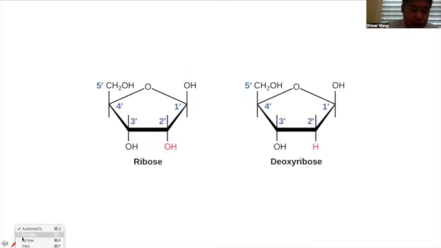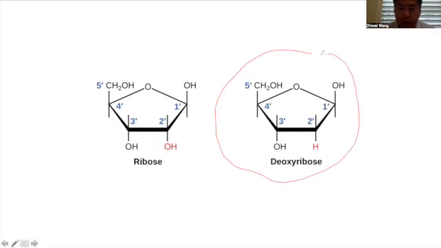The sugar in DNA is deoxyribose, and as we can see, it has 5 carbons: carbon 1, carbon 2, carbon 3, carbon 4, and carbon 5.